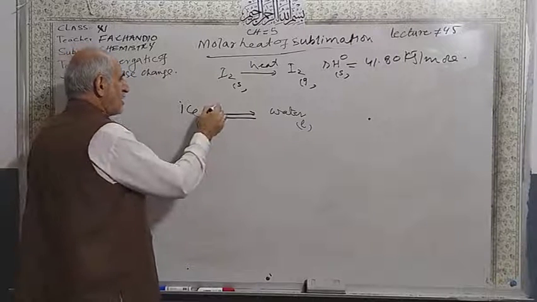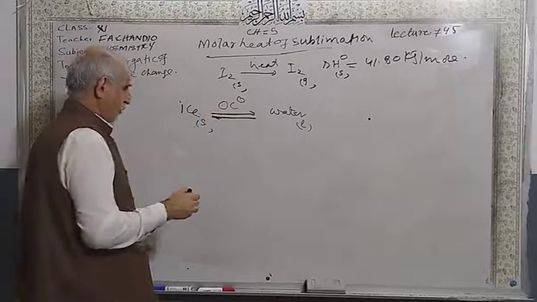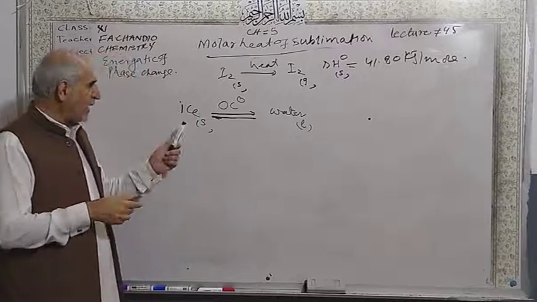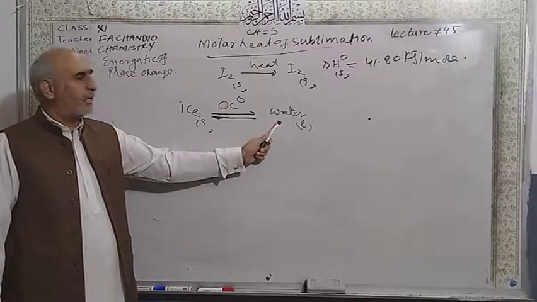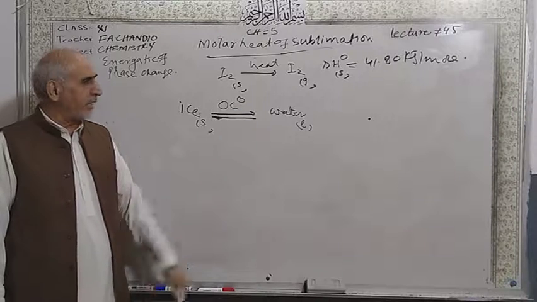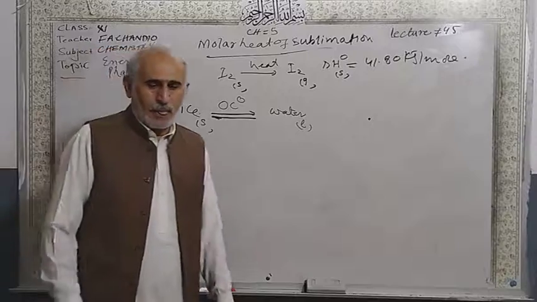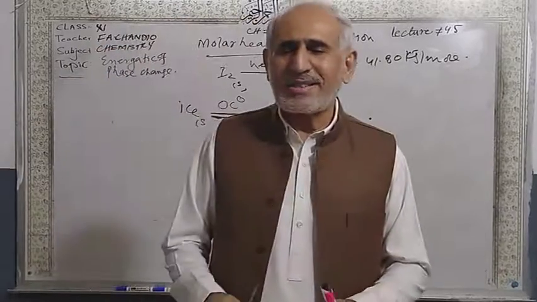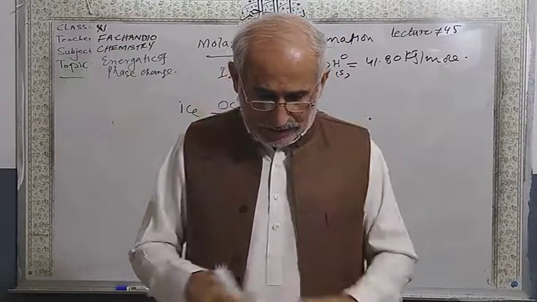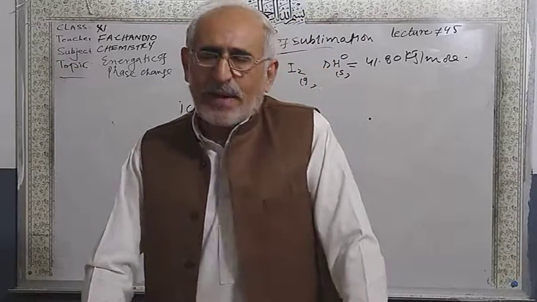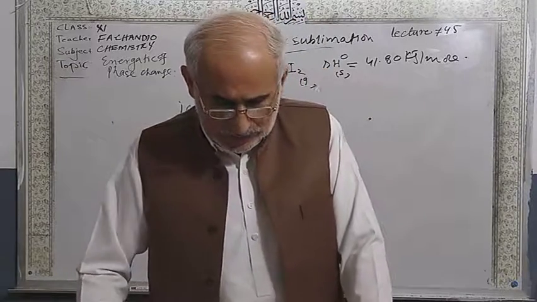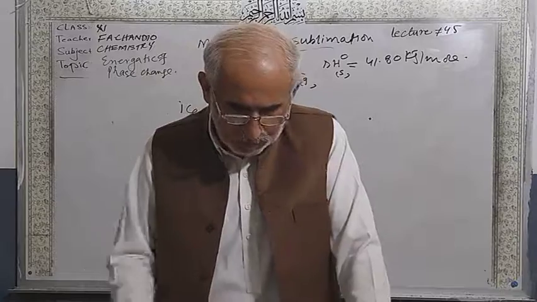So this is 0 degree Celsius. When the ice melts and changes into water, the temperature will be 0 degree centigrade. And when liquid water changes into ice again, the temperature will be 0. So this is called transition temperature. At this temperature, the dynamic equilibrium is established.